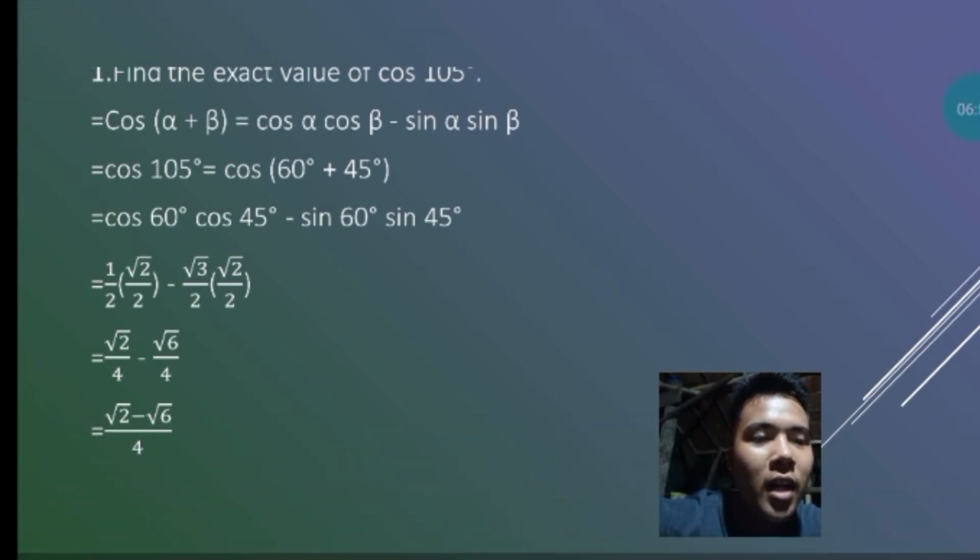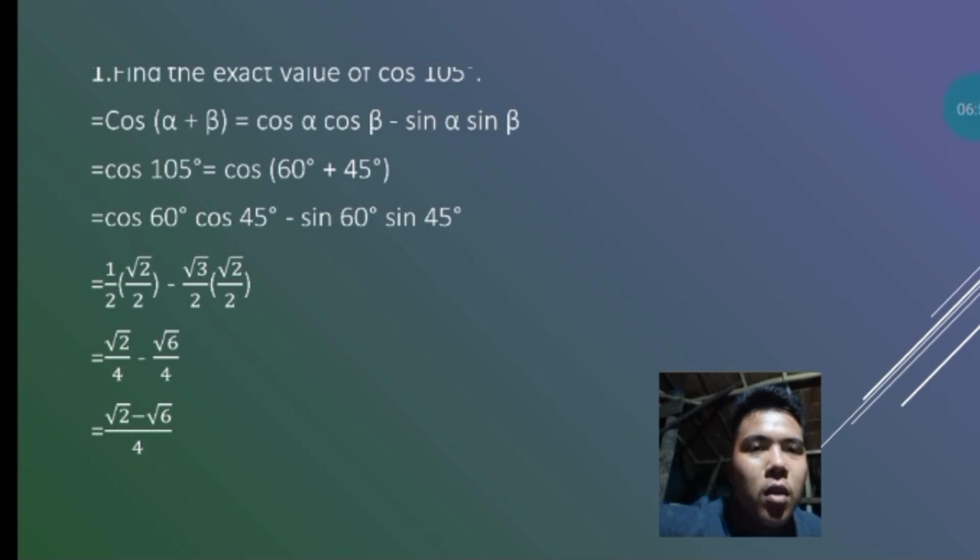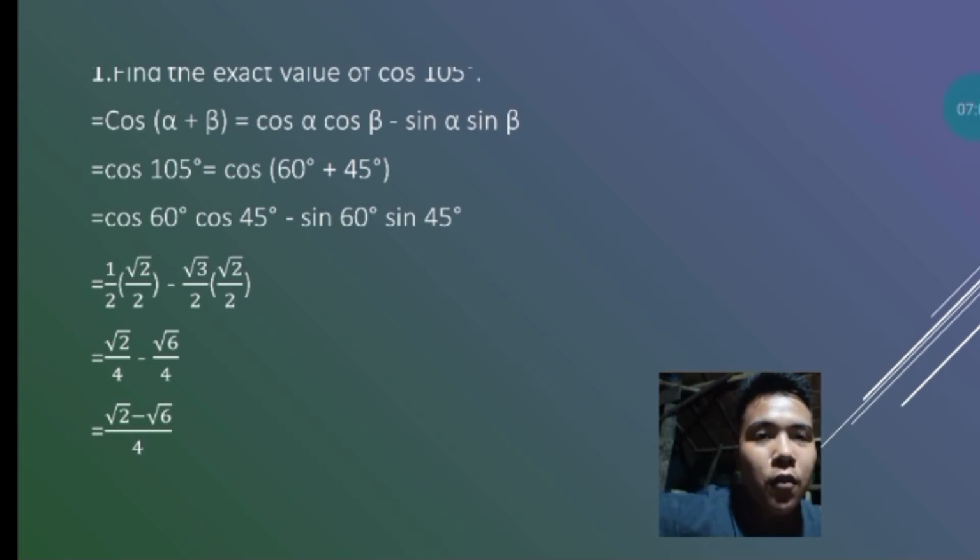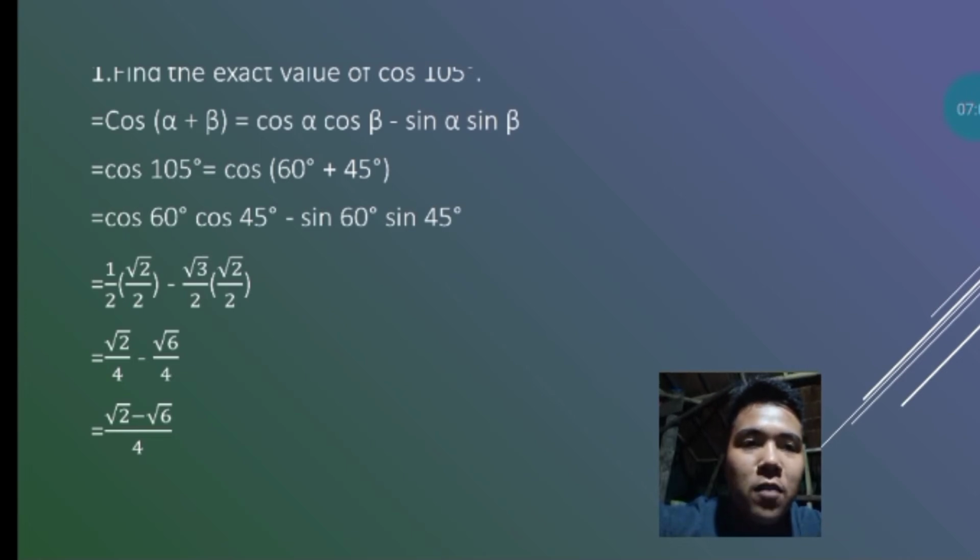Cos 105. So you are going to use the formula of cos(A + B), because 105 degrees is a big number, right? So you're going to find two numbers that if you add them, it will result in 105.